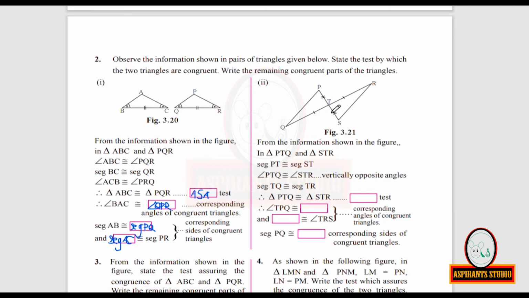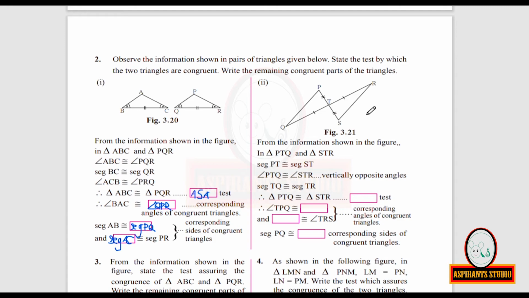So segment PT will fit over segment ST. P will fit over S and Q will fit over R. When you are cutting these two triangles and overlapping them, the vertex P will fall over S, T will fall over T only and Q will fall over R. So the correspondence of the vertices will be: vertex P corresponds to vertex S, T corresponds to T and Q corresponds to R. So now the correspondence of the vertices will be PTQ corresponds to STR.